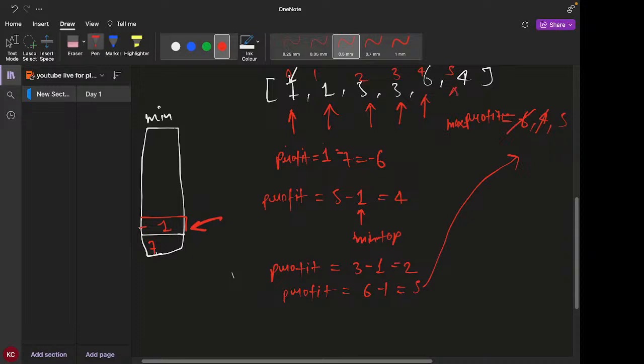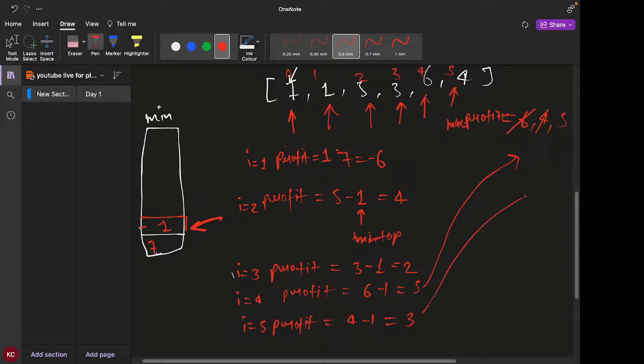Again I move to the end of the array, that is 4. 5th profit on the 5th day, i is equal to 1, i is equal to 2, i is equal to 3, i is equal to 4, i is equal to 5, and here I got 5 minus 1, which is equal to 3.